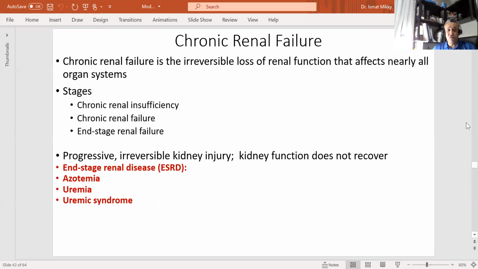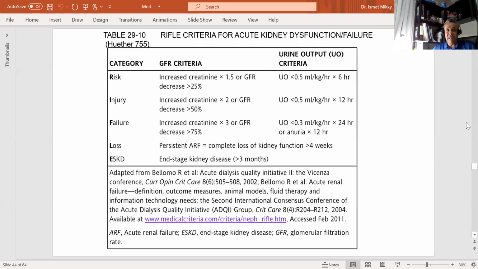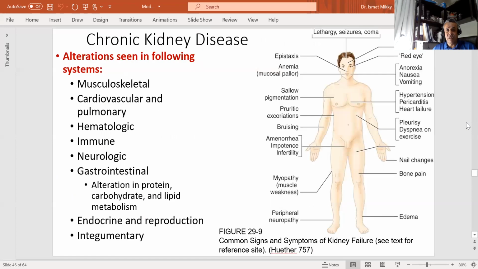And uremic syndrome incorporates all the signs and symptoms. You will see these manifestations in multiple systems throughout the body in patients with chronic kidney disease, and we will review them in the upcoming few slides.